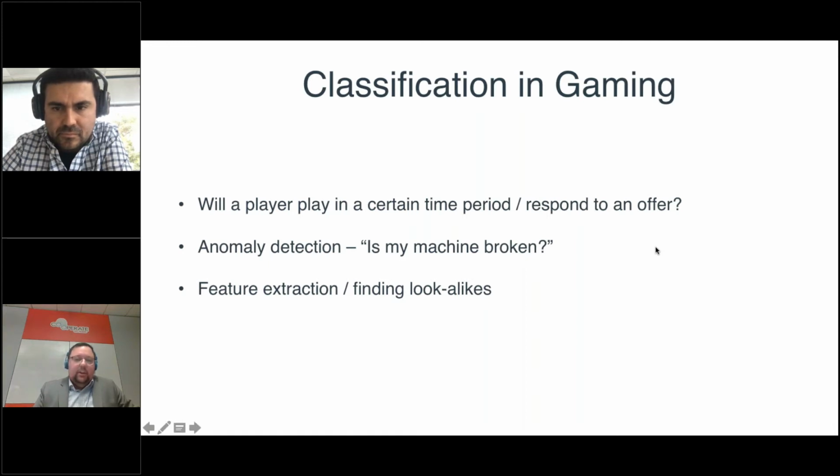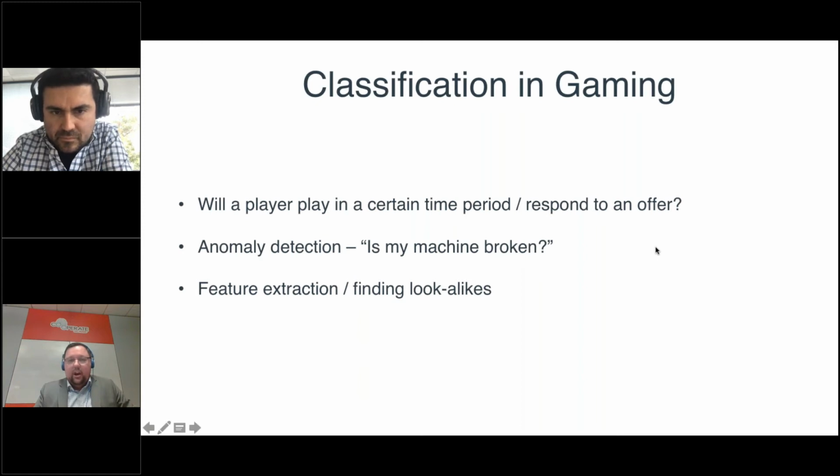So, for example, is a machine broken? A slot machine has lots of moving parts. It has a card reader, it has a bill validator, it has lights, things like that. And the slot machine communicates with the CMS and says, hey, somebody just tried to swipe a card and it failed. That doesn't mean that the card reader is broken. It could be a dirty card.